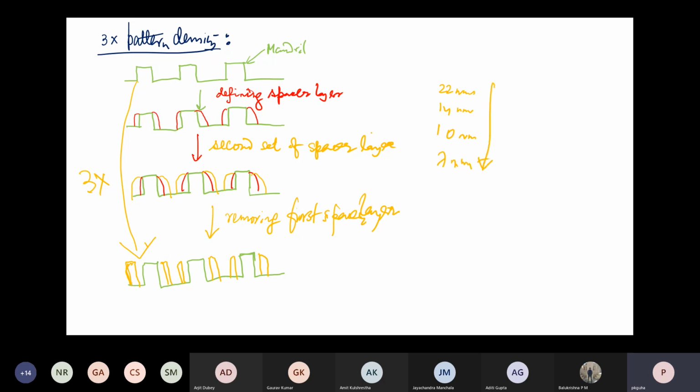Okay, because we have this double pattern lithography technique through which you can increase the density of the pattern. But the thing is your steps will increase, your cost will increase, your complexity will increase, and so on and so forth. So with this I am stopping this double pattern lithography discussion here.